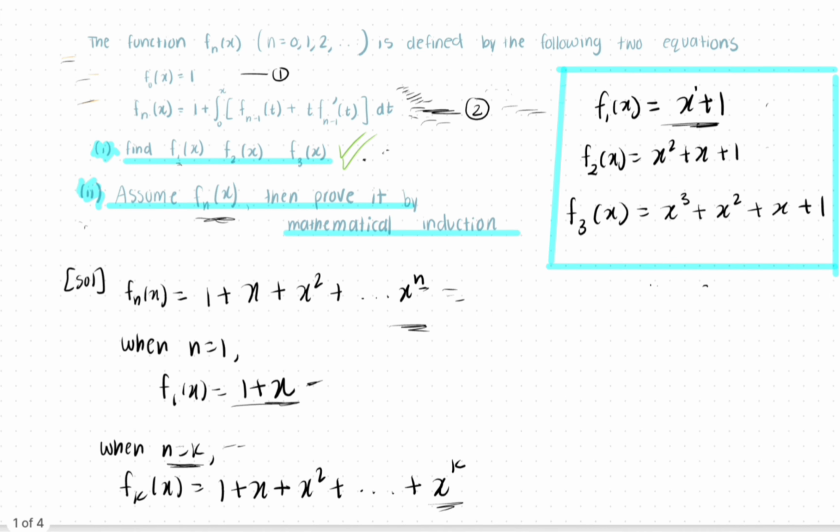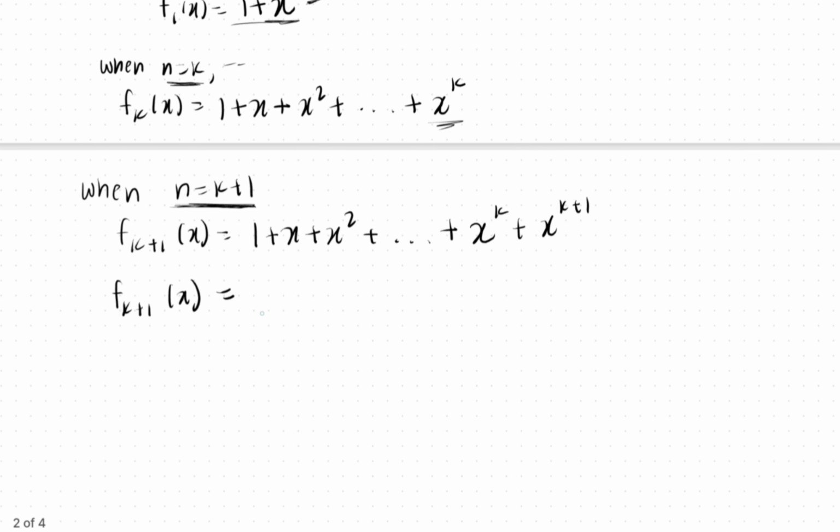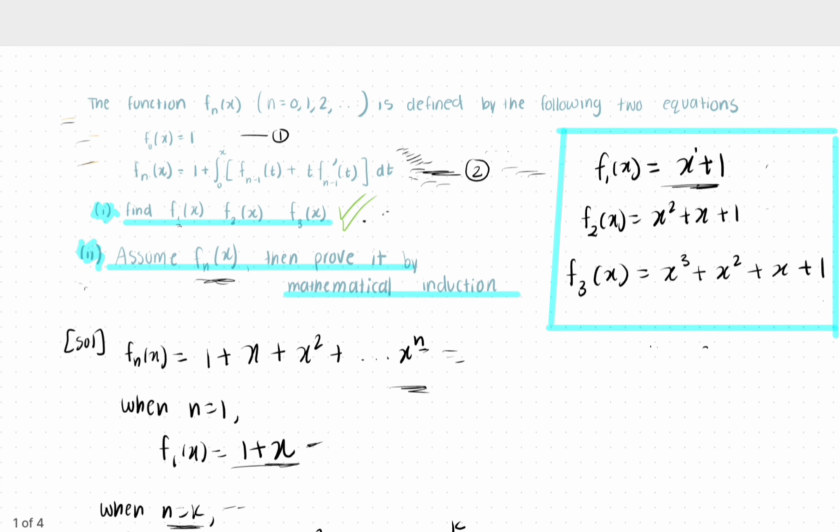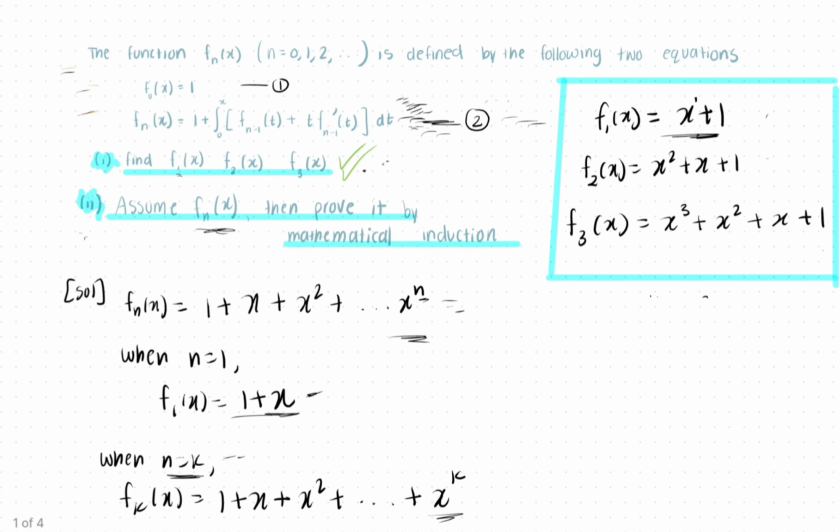So then that would simply be 1 plus the integral from 0 to x of f_k(t) plus t f_k'(t) dt. I just replaced k plus 1 in here and this too.